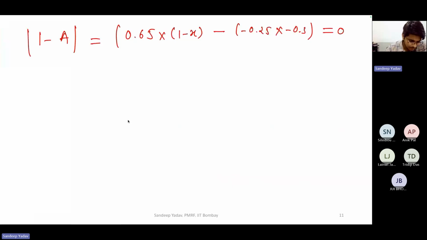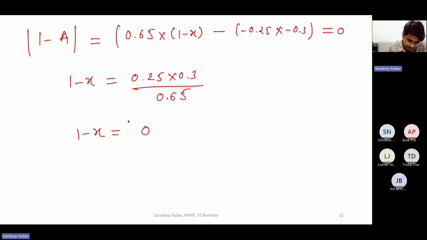Now after solving this equation, we'll find 1 minus x is equal to 0.25 into 0.3 divided by 0.65.